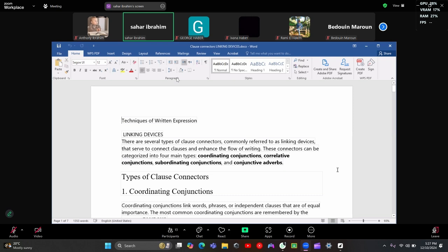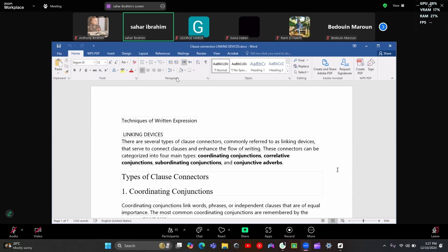Linking devices, or in other words, close connectors, are divided into four types. Coordinating conjunctions, illustrated by the word fanboys. Correlative conjunctions, the examples I shared with you, like either or, neither nor, not only but also.